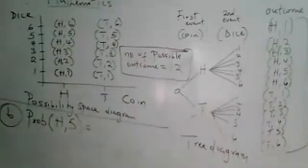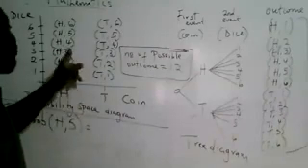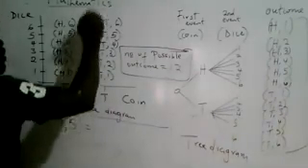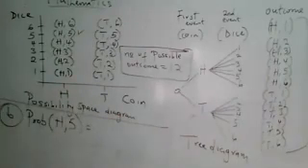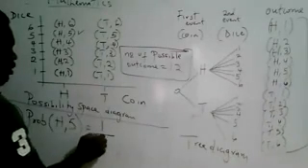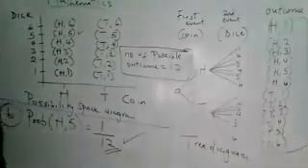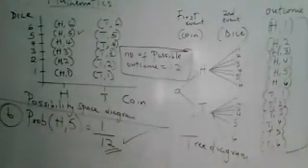Now, how many times do you have H5 appearing? You only have it once, which is here. So the probability of H5 is what? 1 over 12. That's your answer here.